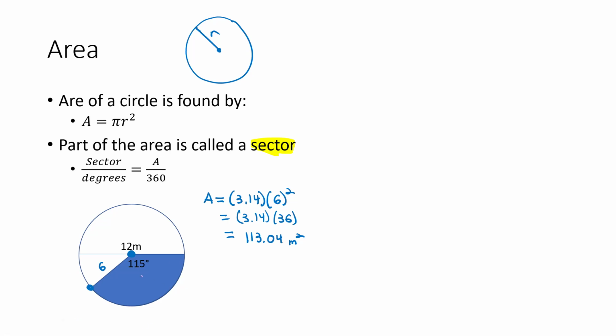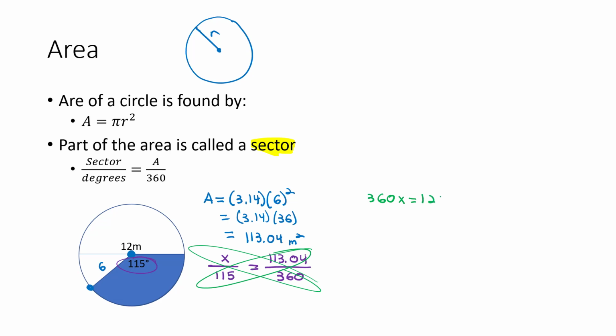But we don't want the entire circle. We just want the sector. And the sector is only 115 degrees of it. So we're looking for the sector x over the 115 degrees is equal to the entire area, 113.04, over the 360 degrees. And then we can solve the proportion by multiplying the diagonal. 360x is equal to, and the numbers are going to get big, so don't be afraid to grab a calculator. 115 times 113.04 is 12,999.6.